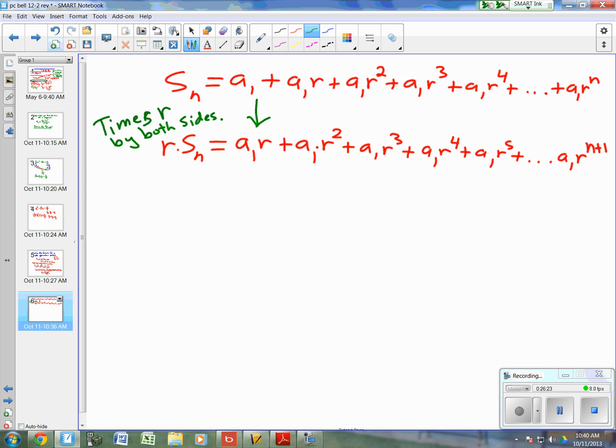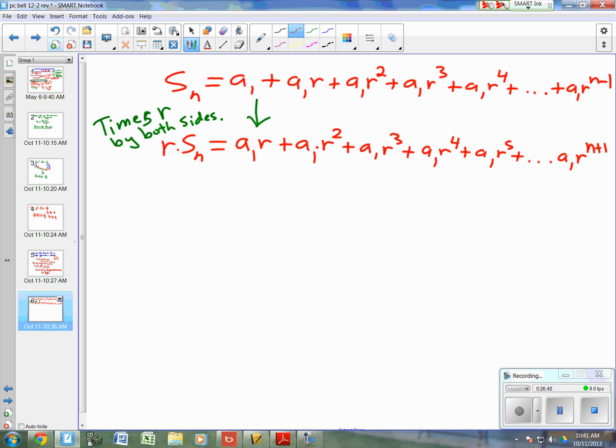Now. Oh, wait, you know what? This one right here, you guys, I forgot. On the very first term, I should put an n minus 1 right here. Why? Remember what we decided when we wrote this term out the last time? The first term, does it have an r? The second term has one r.